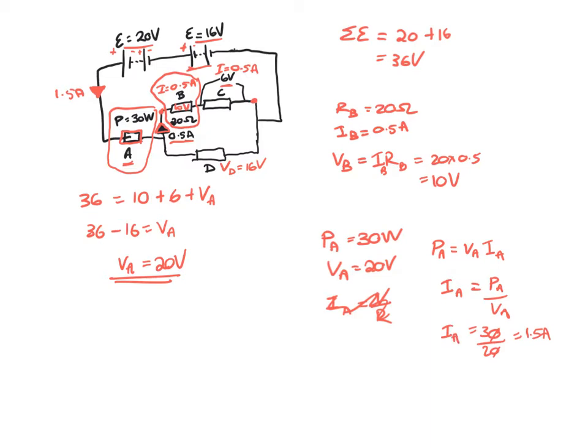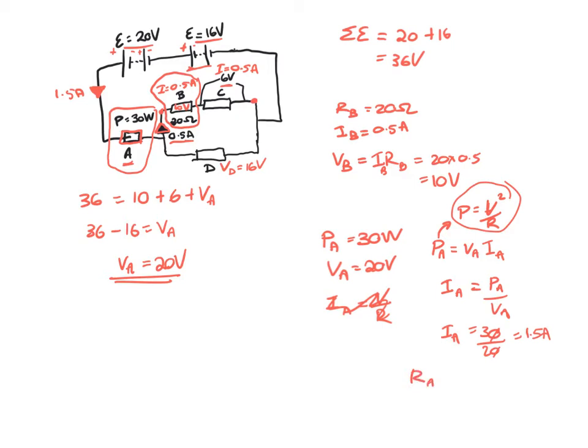So now from here, I can use V and I to calculate the resistance of resistor A. Or alternatively, I could have used power is equal to V squared over R and calculated the resistance directly for resistor A. But I prefer to have the current because then I can use the current to figure out how much current goes through resistor D, since I already know how much current goes through resistor C either way. So this is another way of doing it. I didn't follow that way. I prefer to know my current in my circuit first.